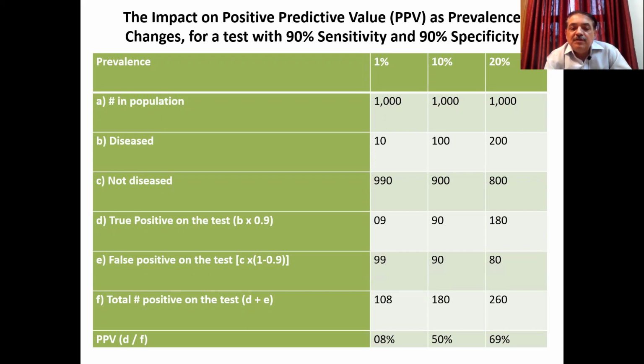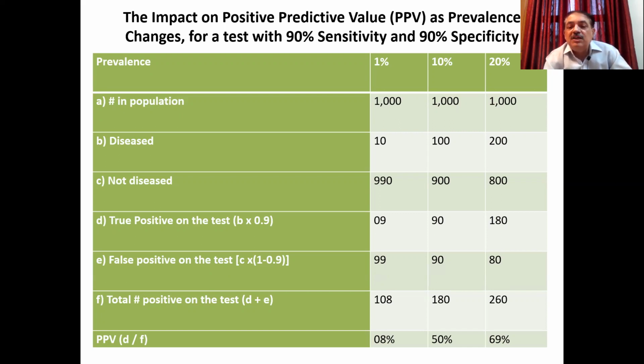So 10% of 990 will be 99, and total positive will be 99 plus 9, which is 108. So out of this 108, true positive is just 9. 9 out of 108 means it is 8%.